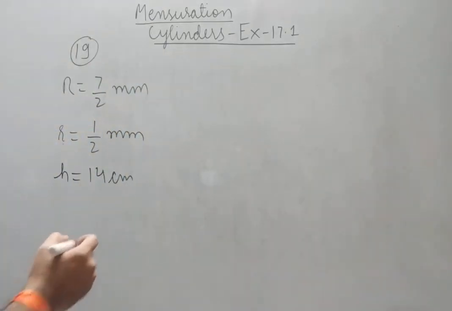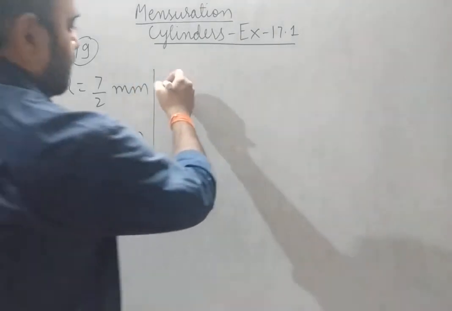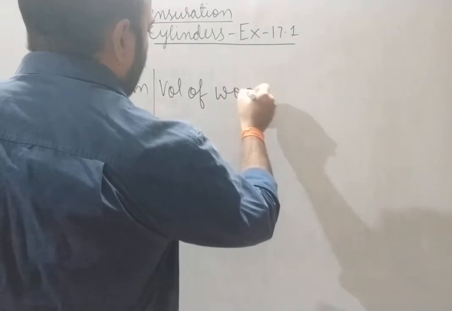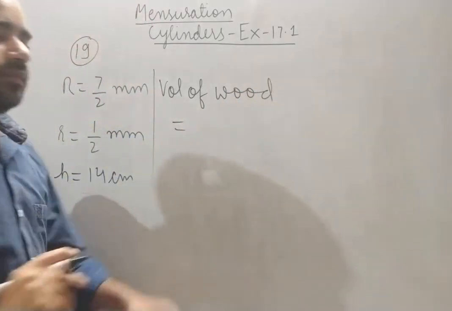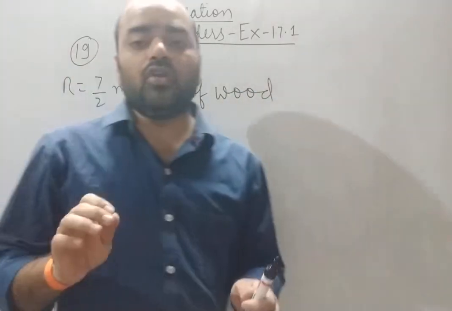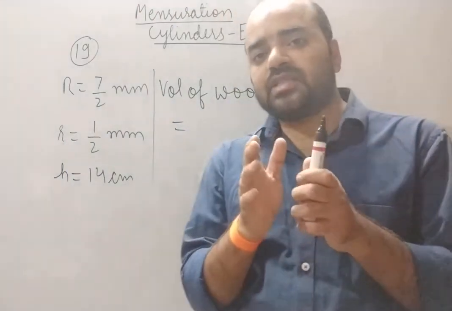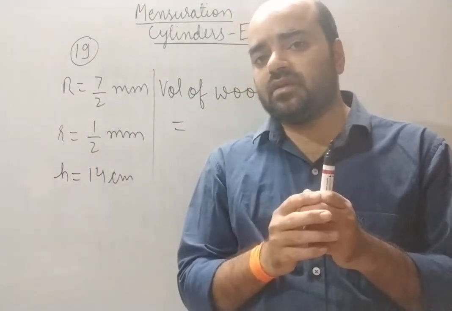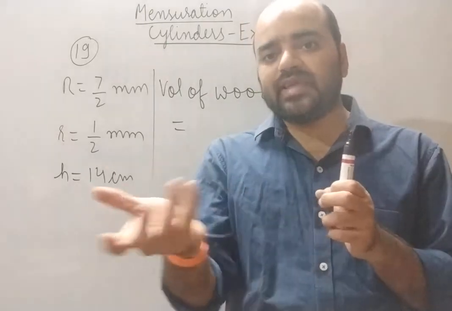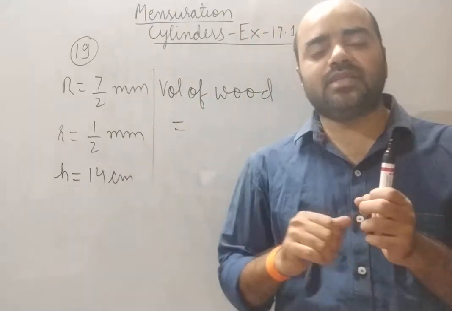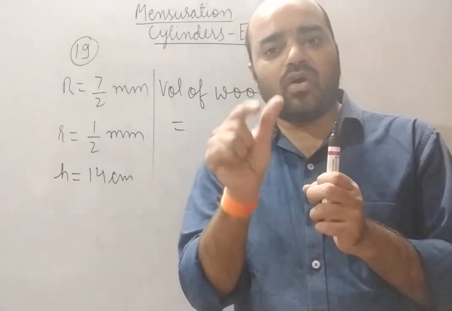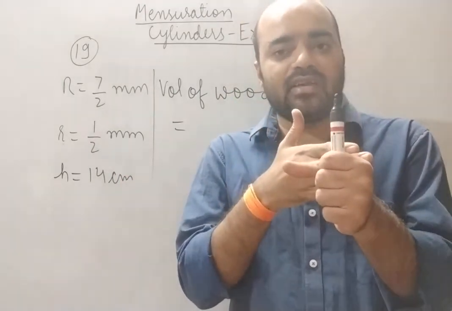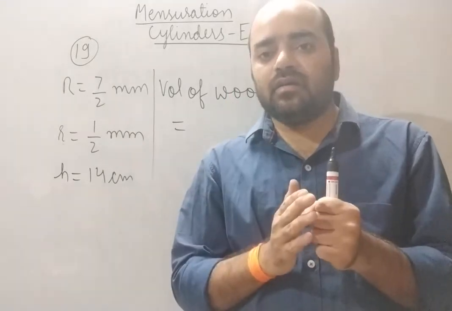So what is the volume of wood? Can you tell me? See, remember the pencil. Volume of the wood means, is wood present everywhere in the pencil or only between the faces? Take the pencil and see. Wood is present only between both the cylinders, between the internal and external faces.